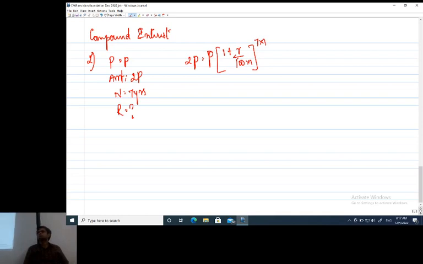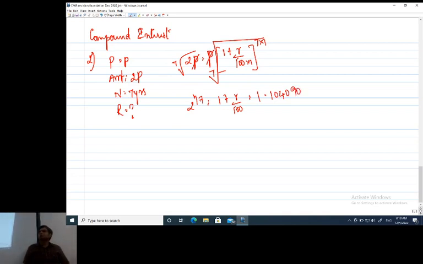Is it clear? So, P and P cancel off. Here I have power 7. So, I am taking the 7th root on both sides. So, 2 power 1 by 7 is equal to 1 plus R by 100. This value is given in the problem as 1.104090.